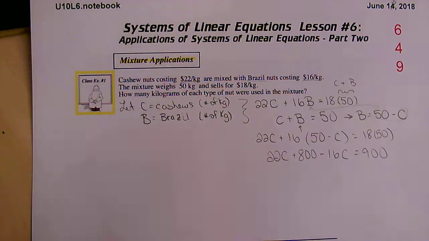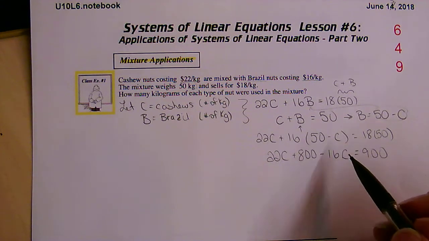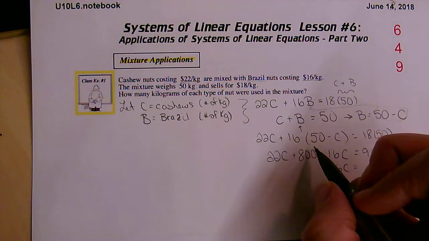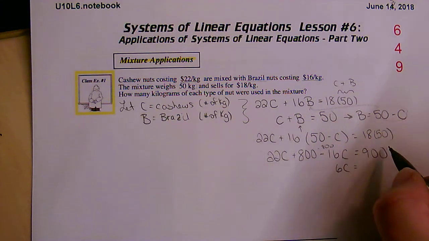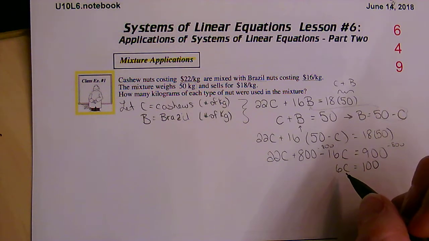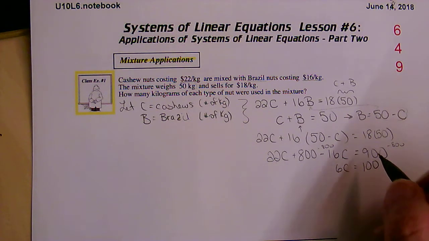So now all I have to do is combine my like terms and solve for C, my variable. 22C minus 16C is going to be 6C. And then I'm going to scoot that 800 over. Okay, so I've got 6C is equal to 100.